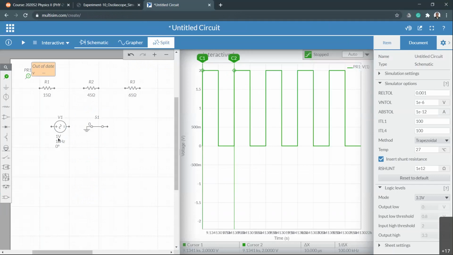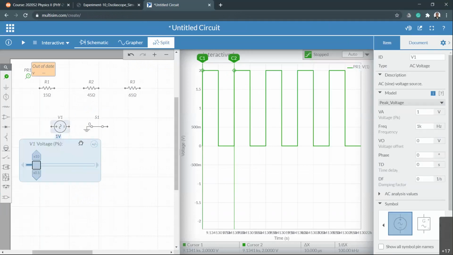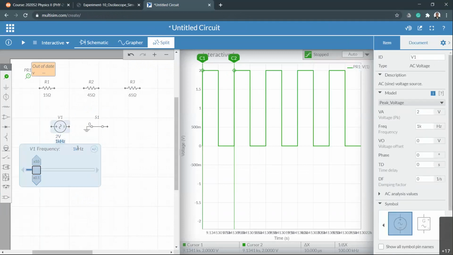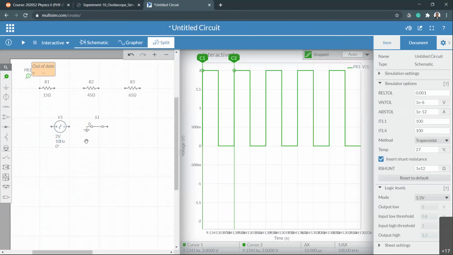So we can change the voltage value to maybe 2 volt. That's good enough. And the frequency you can keep at maybe 10 hertz. It doesn't really matter, since we're going to test the Ohm's law. That's all really. And then connect this. Click on the corner and then connect the circuit.